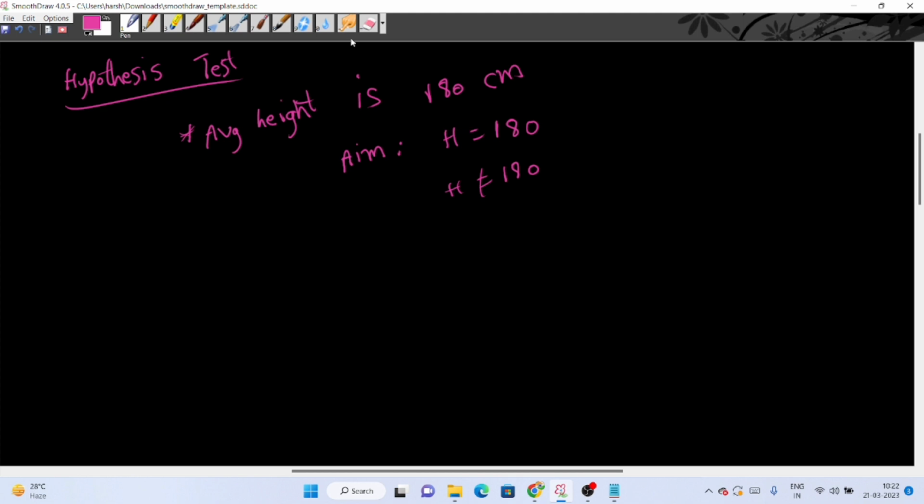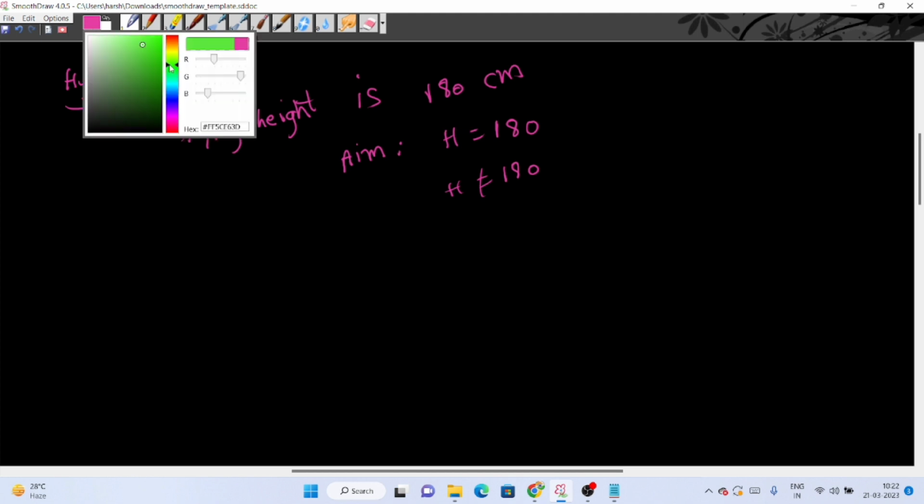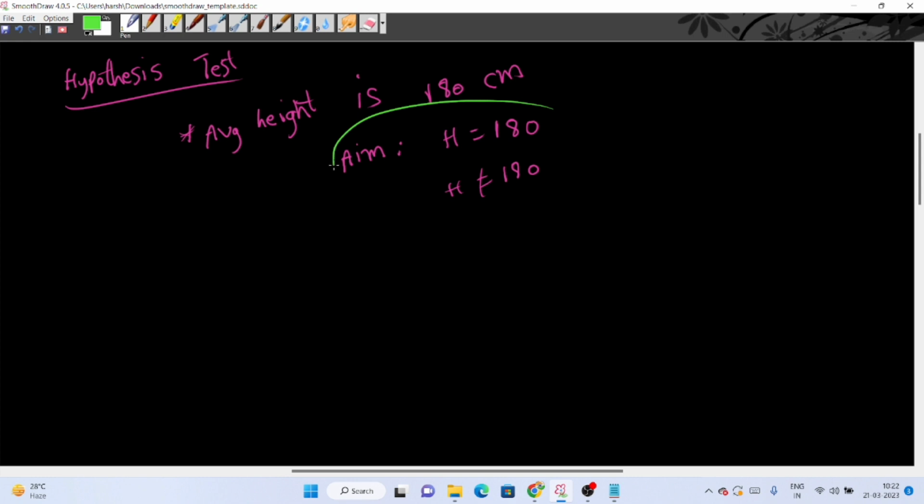In hypothesis testing we can use a similar kind of structure. First we have the null hypothesis, which is represented by H0. In this null hypothesis, we write what is being told by the person.